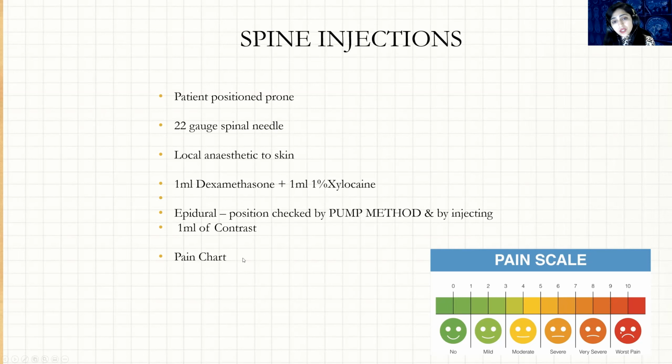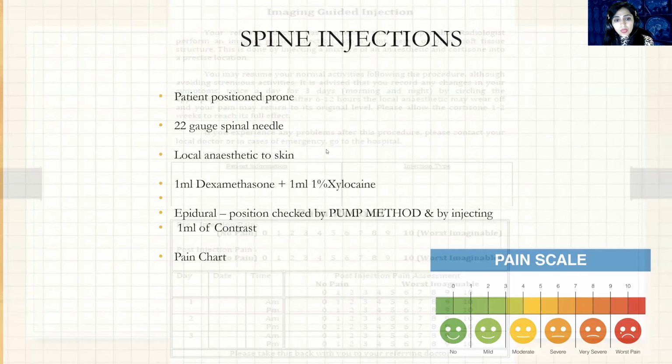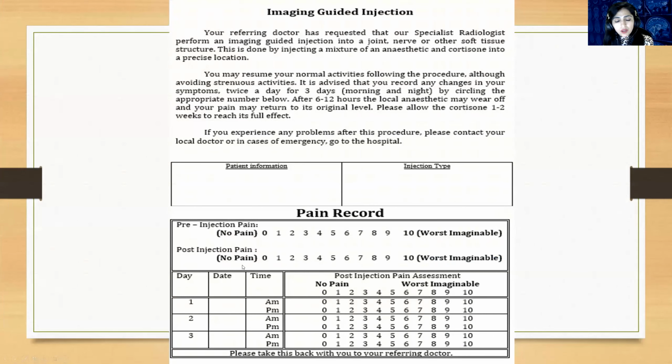At the end of the injection, we usually give a pain chart to patients, and the patient has to mark how their pain is going down over 1 week. So this is the pain record. The patient records how their pain is responding after the injection.